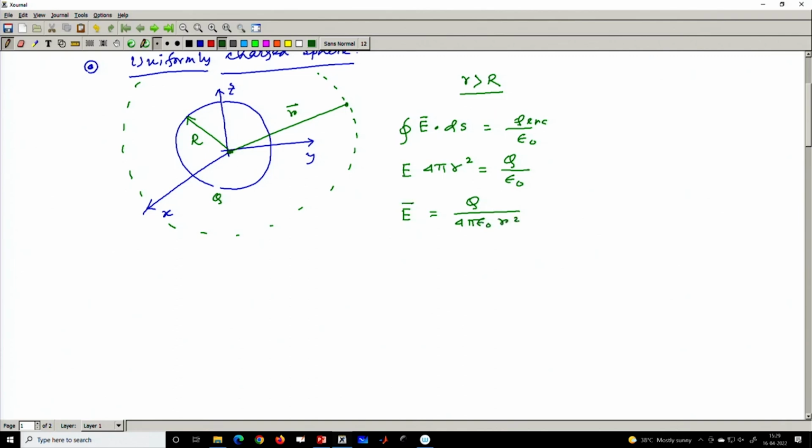If I want to write it in vectorial notation, then this should be the electric field. So, it seems that the total charge is centered at the origin, and due to that charge I am getting the electric field at point r, when r is greater than big R, that means it is outside the sphere.